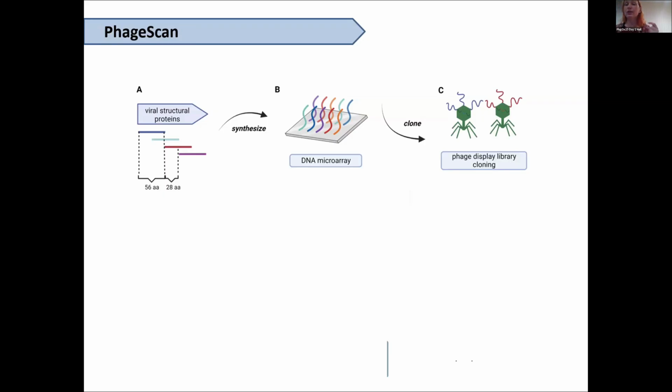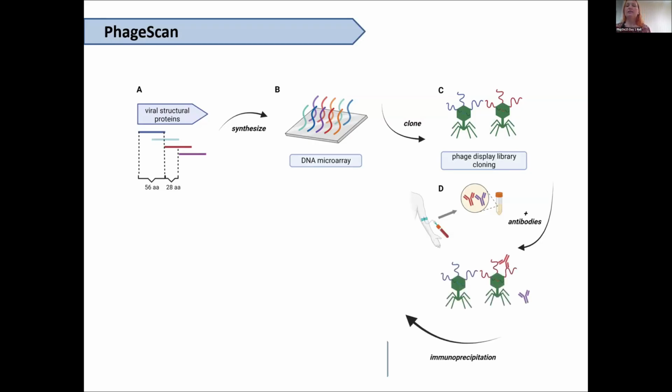We use this pool, this library, and expose it to human sera. In the serum, you have the whole variety of antibodies in a specific patient. We have the reaction, if the specific reacting antibody exists.